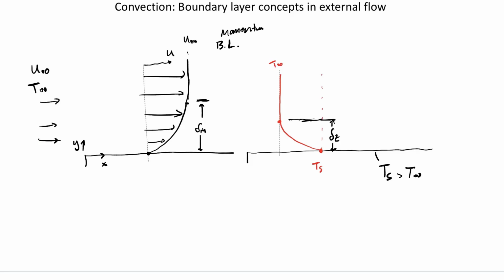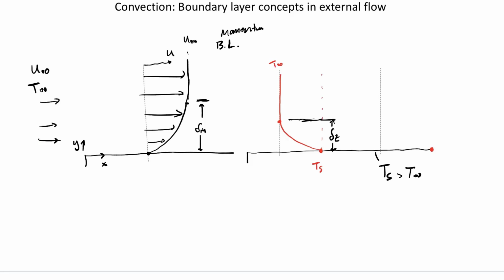All right, now let's move down the plate a little bit. So let's go down further in the direction X, and let's do this again. If I draw this again, I still have out here my T_S, and this T_S is the same as it was before. We're holding that temperature constant.